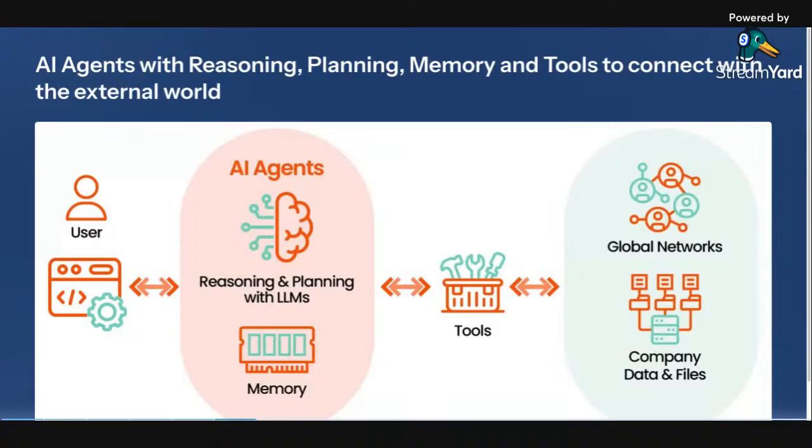The prompt is being offered into the LLM through users, and through that prompt, the system or AI agent will interact with the different tools, and those tools will be connected or integrated with global networks. It can be companies' data or profiles. So whatever the questions or the prompt is being generated through the system, it can interact with the outer world and give us the relevant output accordingly.